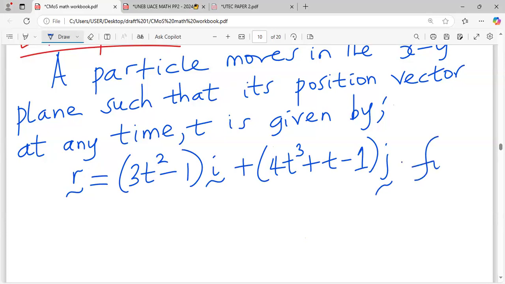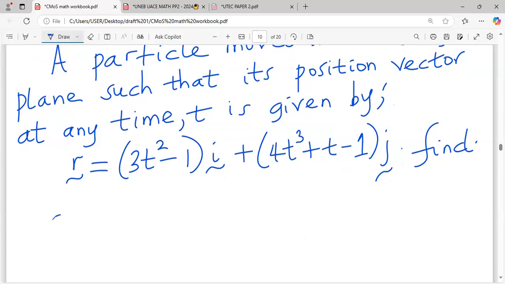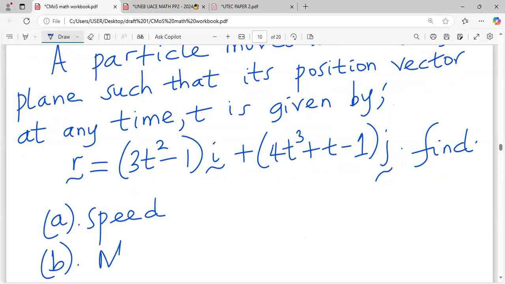So they are saying find speed. Then magnitude of acceleration.